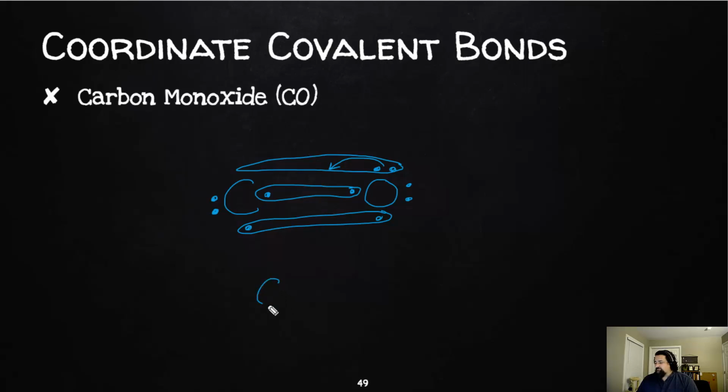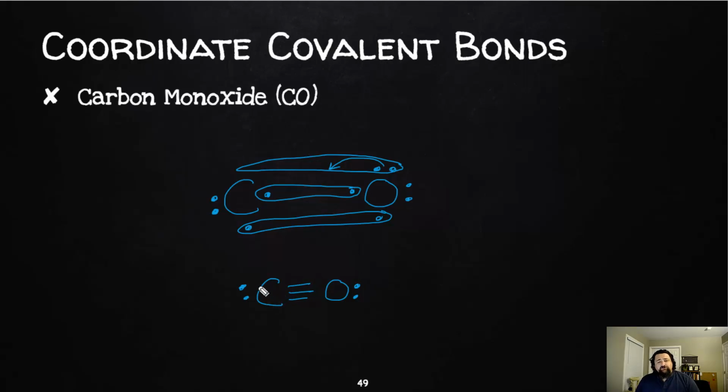And so it becomes carbon triple bonded with oxygen, and they each have a lone pair. Now, this isn't the ideal fashion to forming bonds, but it wants to form a bond, and this is a way to stabilize it. And so this is what's called a coordinate covalent bond.